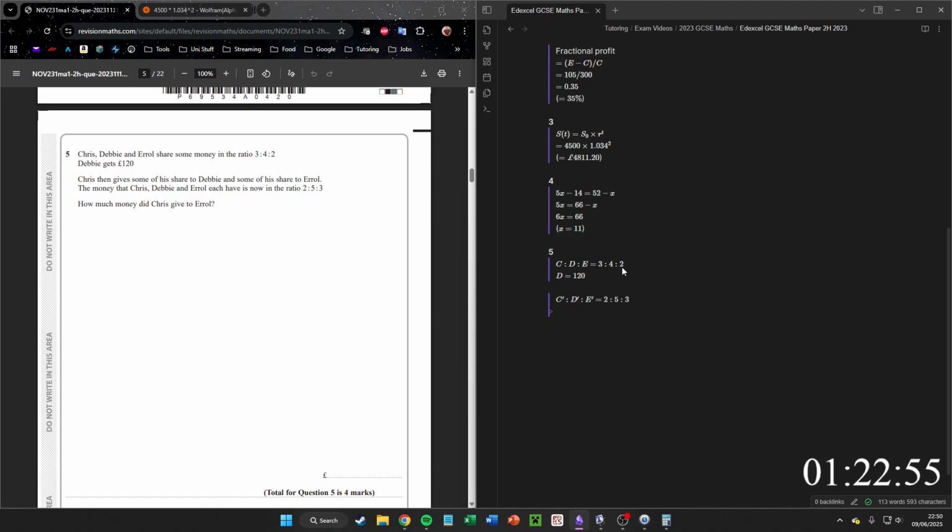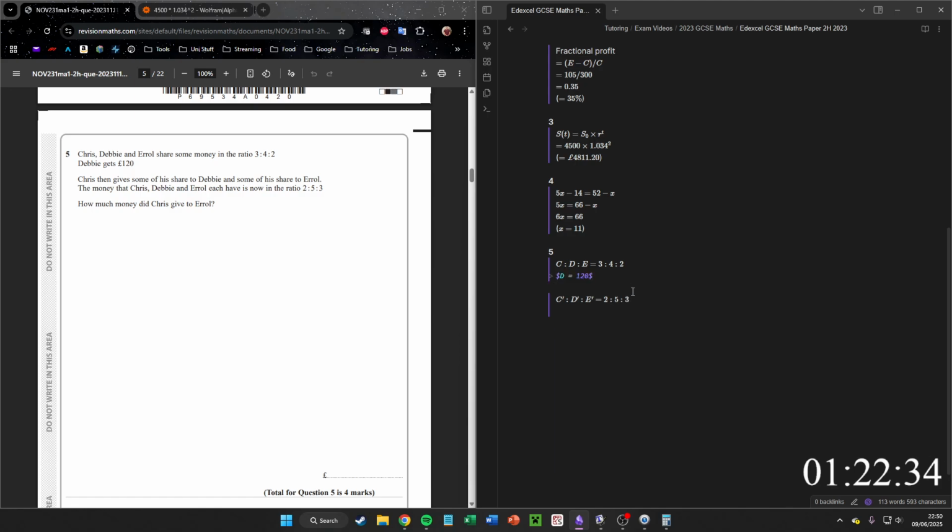So we can see that the number of units in this ratio has increased by 1, yeah? So we've gone from 3, 4, and 2, which is 9, each unit in this ratio representing 1/9 of all the money. Now, 2, 5, and 3, each unit represents 1/10. So Debbie initially had £120, which was 4/9 of the total.